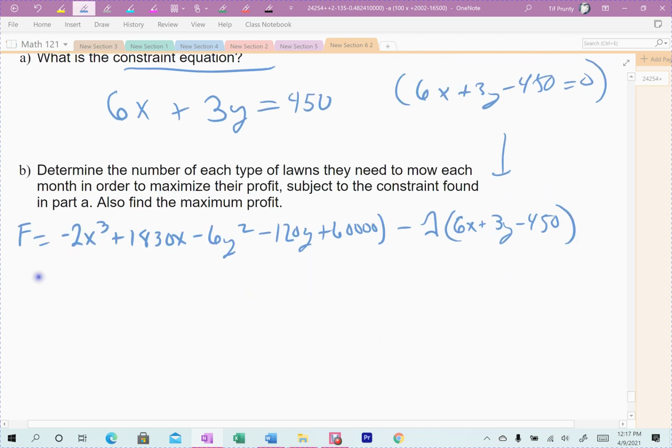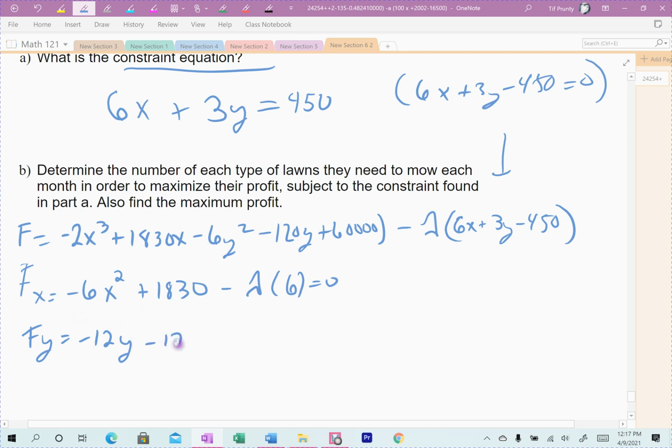Alright, take our first order derivatives. So f sub x: negative 6x squared plus 1830 minus lambda times 6 equals 0. f sub y: negative 12y minus 120 minus lambda times 3 equals 0.